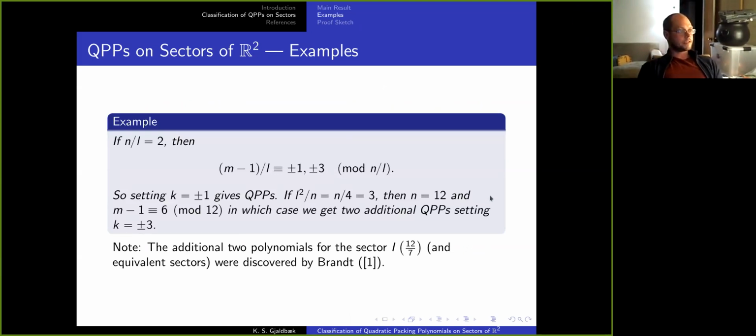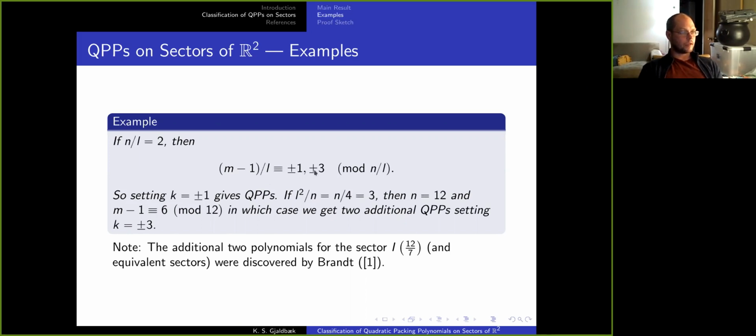In the case n over L equals 2, the number m minus 1 over L is always congruent to both plus minus 1 and plus minus 2. So we can always set k equal to plus minus 1.